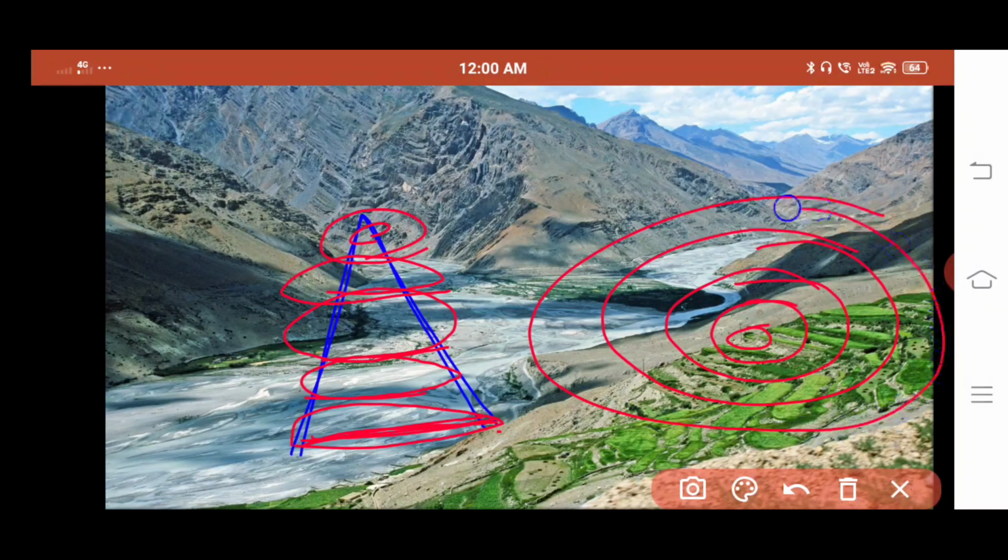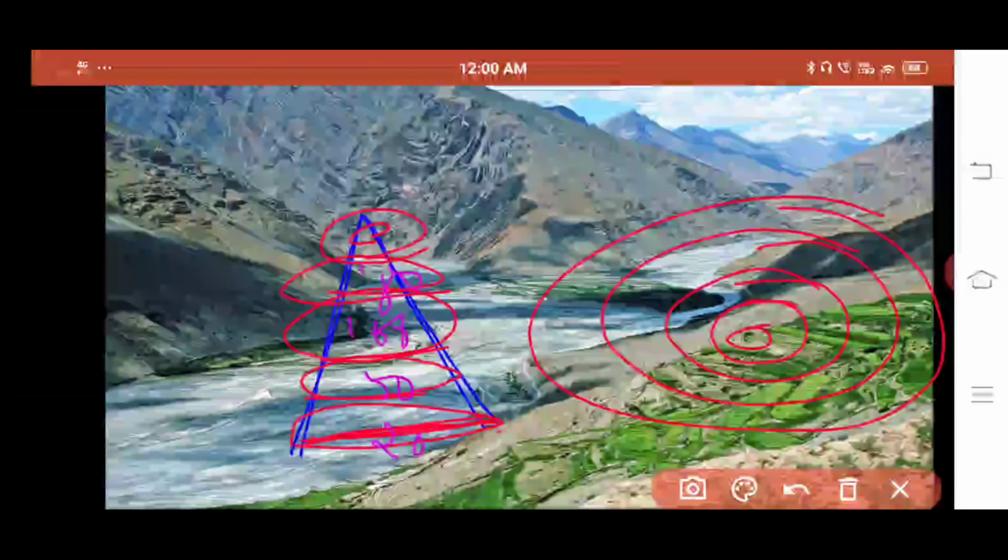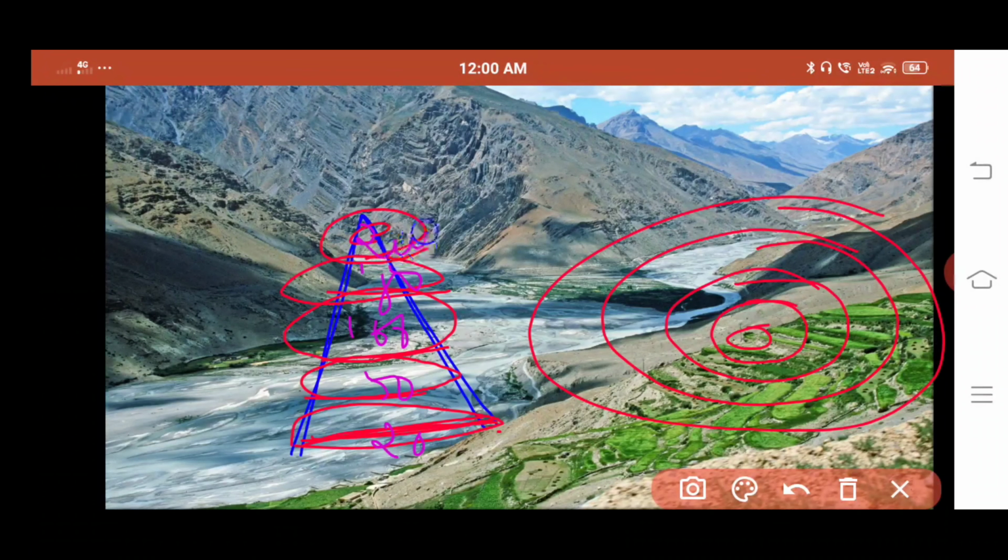If you take these circles like this, the shape will come like this. Understood, my dear? Contour lines are the lines on the map joining places of the same height. For example, if you take the ground level as 20 meters, here 50 meters, here 100 meters, here 150, 200, like that. The same length will come here also.